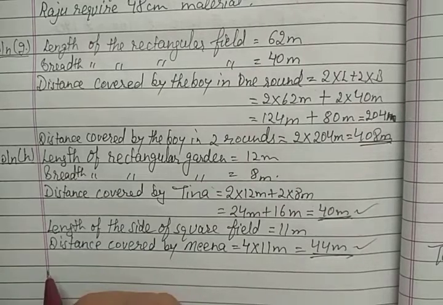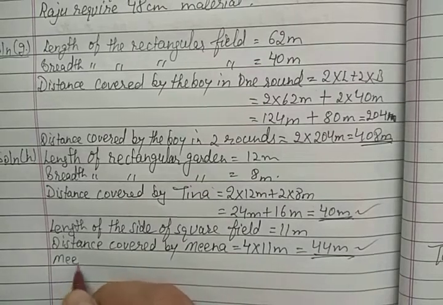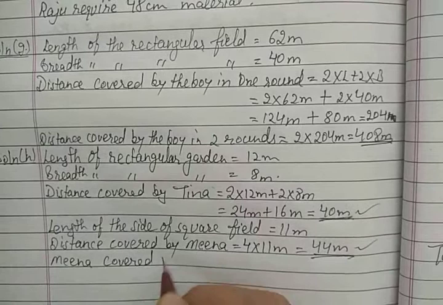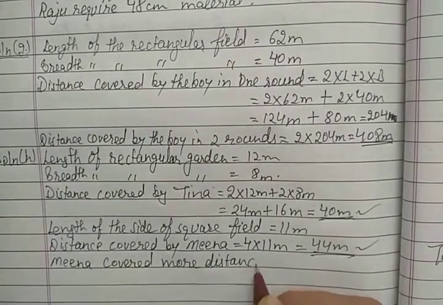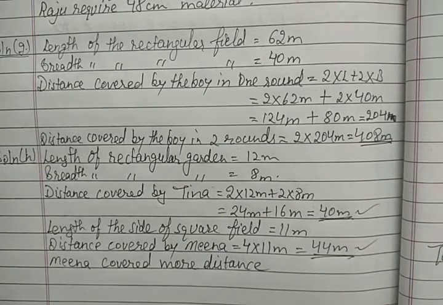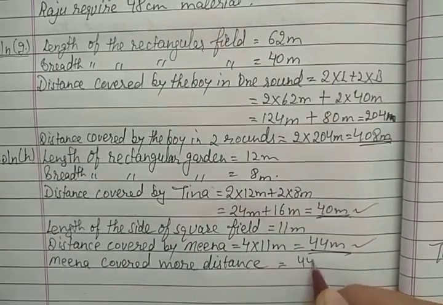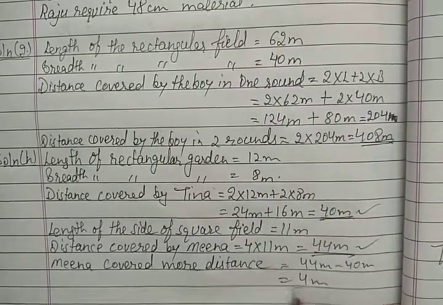So Meena covered more distance, and how much? That is equal to 44 meters minus 40 meters is equal to 4 meters.